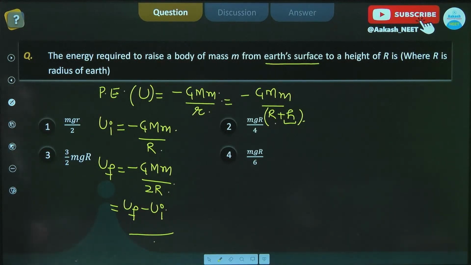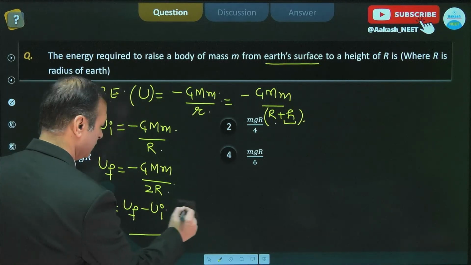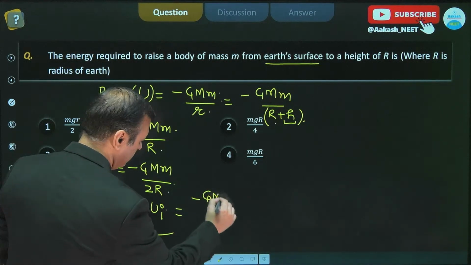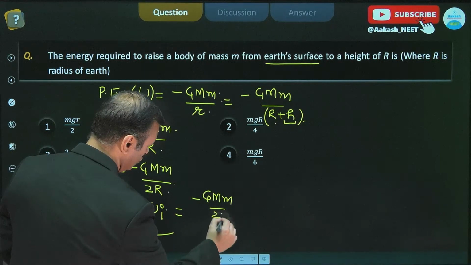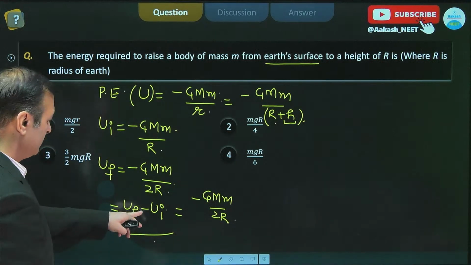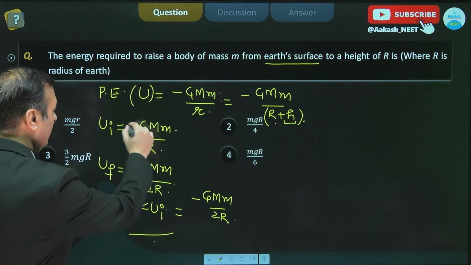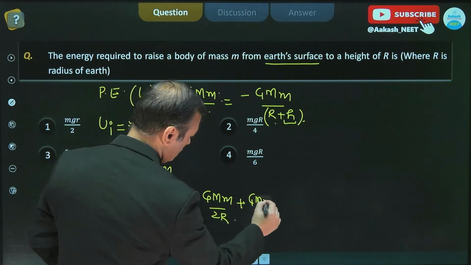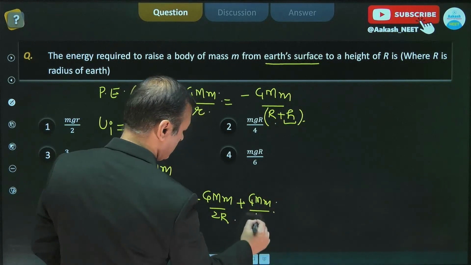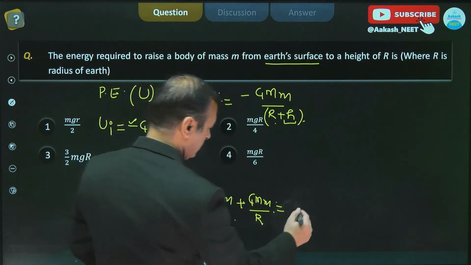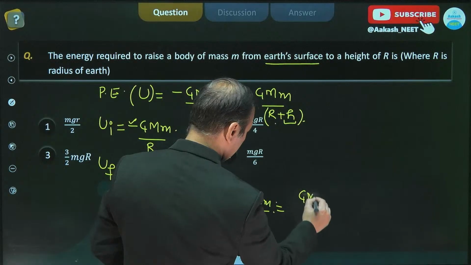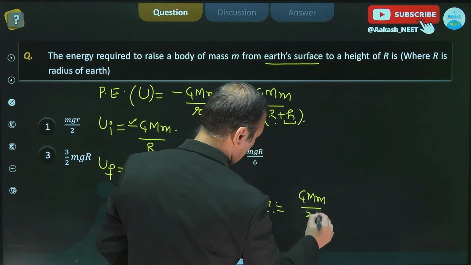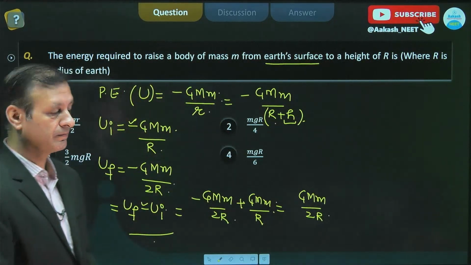You got it or not? And this is minus GMm by 2r, and this minus and this minus will make it plus, and that would give you GMm by 2r.